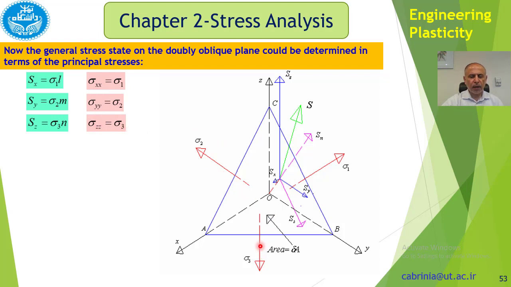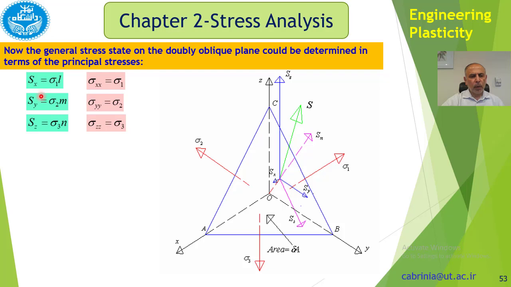We are saying that when we are talking about the principal directions, then we have only one principal plane which is perpendicular to that direction, and we have written these here in terms of sigma 1, 2, and 3, which is Sx, Sy, and Sz.